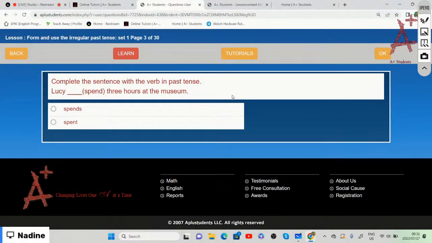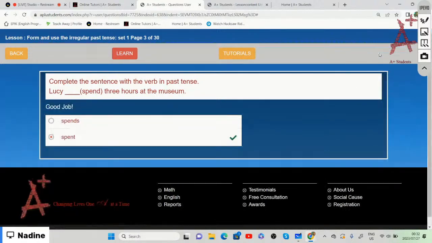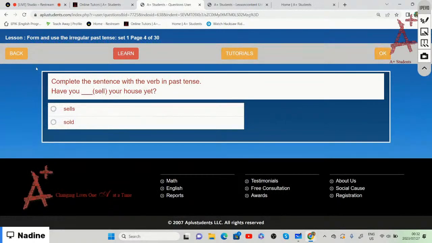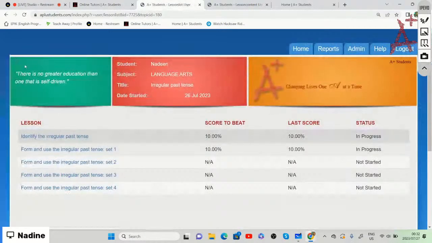Spends or spent. If we choose the correct verb, then we will say Lucy spent 3 hours at the museum. So that verb is irregular. There's no specific rule that it follows, and it basically just changes the wording each time.